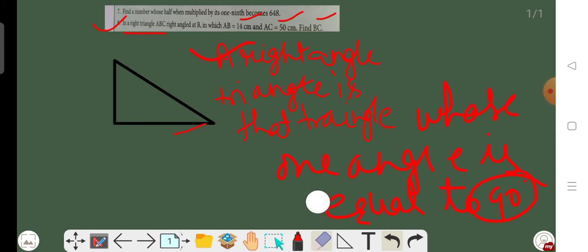Okay, now in this question we are given a right angle triangle, and the right angle means angle of 90 degree, and the angle of 90 degree is at point B. This is your angle of 90 degree, so this must be your B point beta.